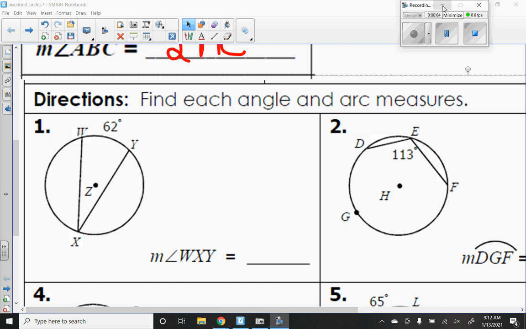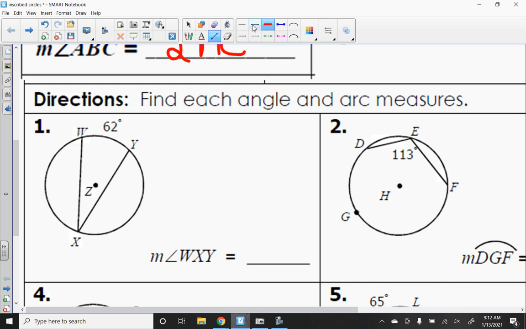Inscribed angles are half of their arc. So let's look at number 1. It wants to know the measure of angle WXY. WXY is W to X, X to Y. That's the angle.